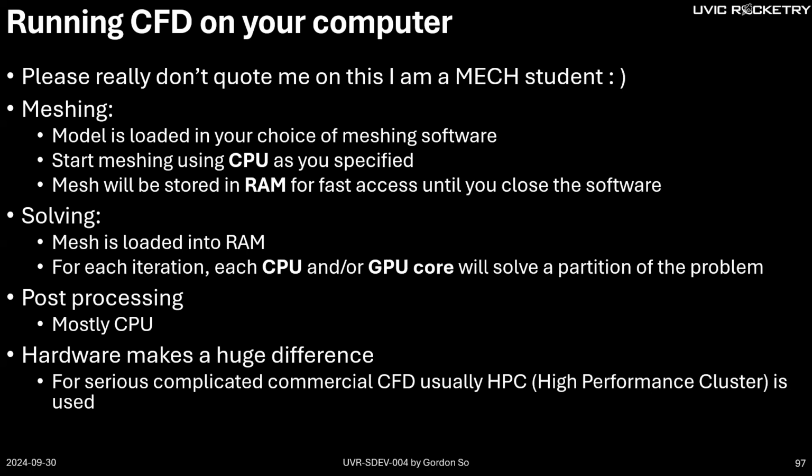For the solving process, your mesh is loaded into the RAM again. Then for each solving iteration, you use the CPU, sometimes the GPU if the software supports it. GPU will help too because it's good for this kind of problem, and it's a trend in the industry for high performance work. Post-processing is mostly CPU because it's computing graphics, and of course RAM.